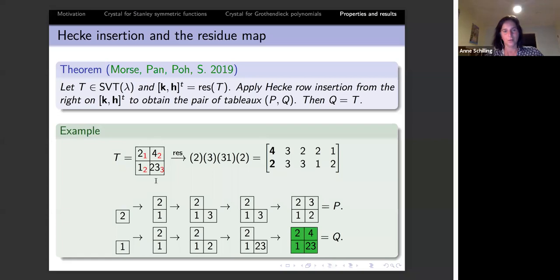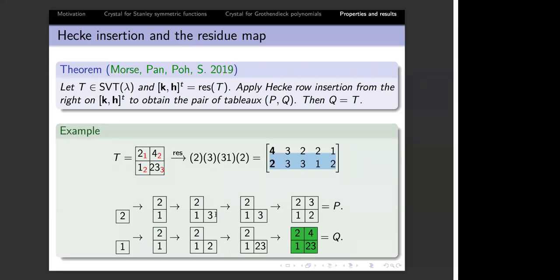You first do this residue map that I defined, which produces a decreasing factorization. Here I've just rewritten it in this 2-line notation. In the bottom row, I have the word, and in the top row, I put in which factor it is. So the 2 was in factor 4, the 3 was in factor 3, and so on. And then we took this and we did the Hecke insertion, which I've only vaguely defined.